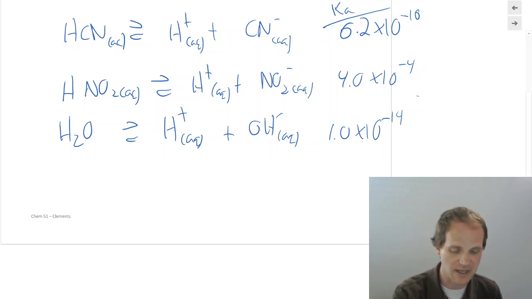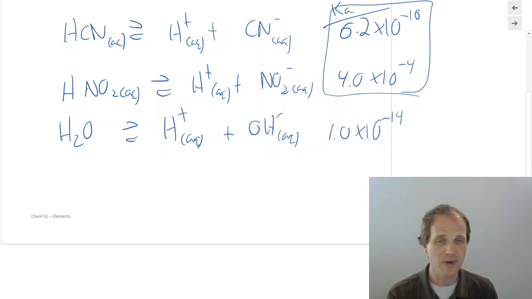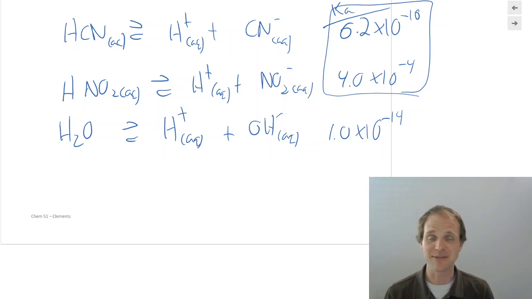Let's focus on the higher two for now. 10 to the minus 10th, 10 to the minus 4th. If I was thinking, hey, which one of these is going to be contributing a lot more H+ than the other one, what would I do? I'd say, well, 10 to the minus 4th, when we square root that, excuse me, that's my first sneeze on camera, I think.